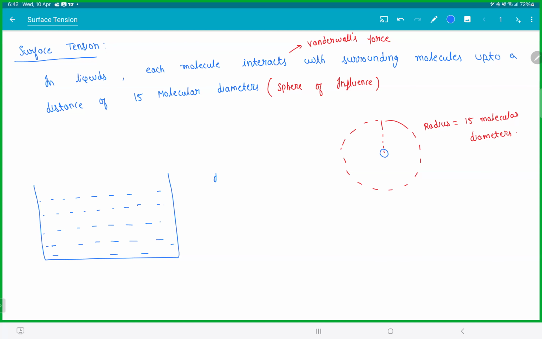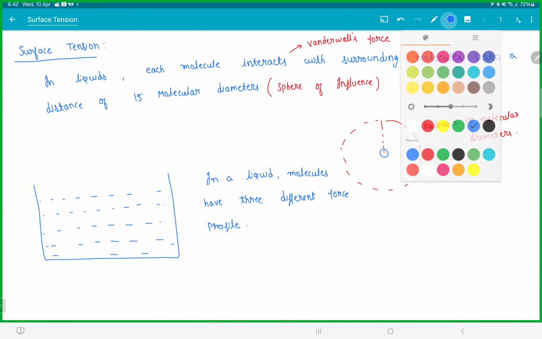So in a liquid, there are three different force profiles. In a liquid, molecules have three force profiles. Basically, FBT, force profile, looks more professional.